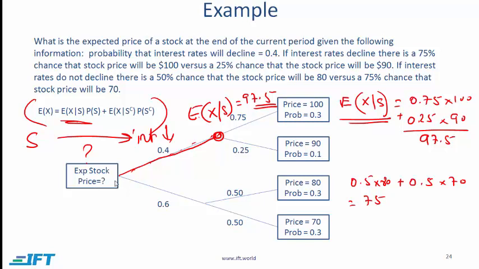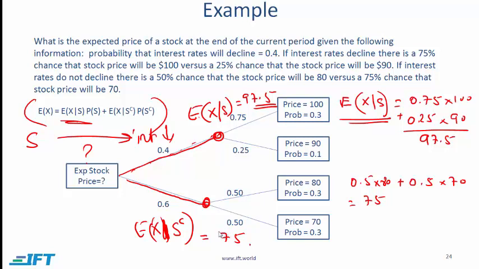What if interest rates do not go down? That probability is 0.6. So the expected value of X given that interest rates do not go down is 0.5 into 80 plus 0.5 into 70. So this number is 75.